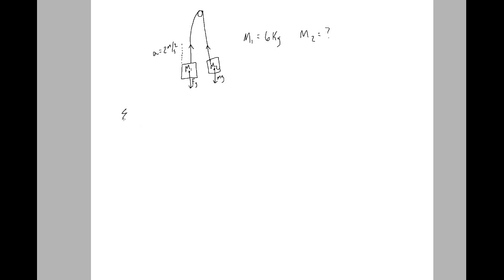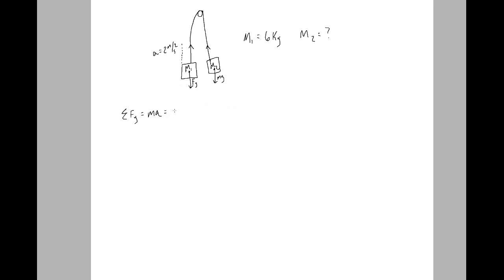So I can go, okay, the summation of my y forces needs to equal my mass times acceleration. Well, I know my acceleration and I know my mass for that one.